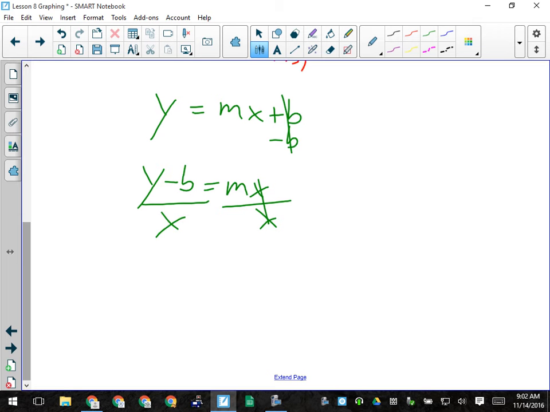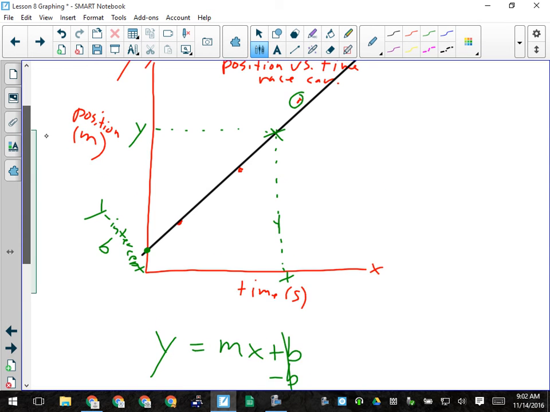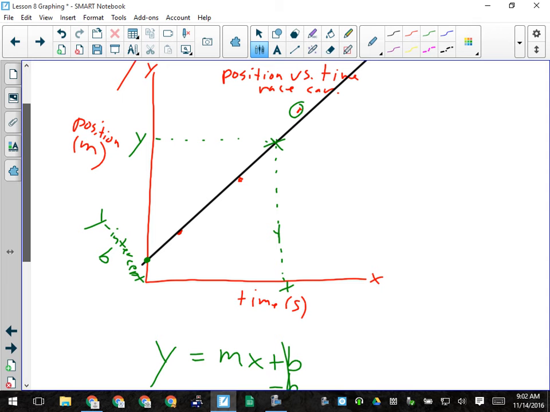So to calculate the slope of a line, you go y minus b divided by x. In other words, you're taking the change in y and dividing it by the change in x. Everybody follow me there?